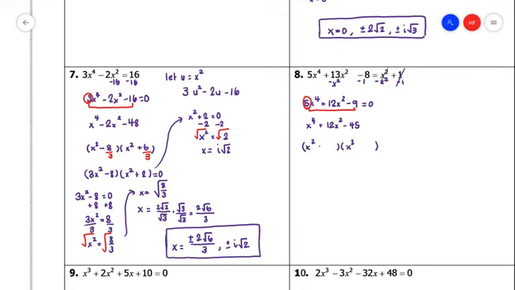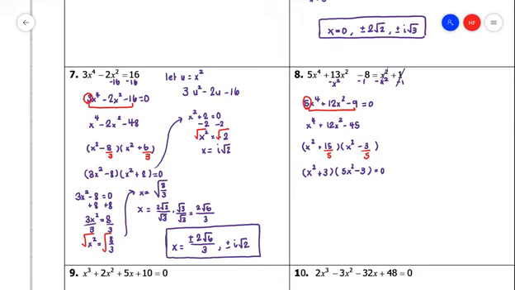Those two numbers are positive 15 and negative 3. But remember, we multiplied by a 5, so I'm going to divide by 5. So I get x squared plus 3 and 5x squared minus 3 as my factors, that equals 0.